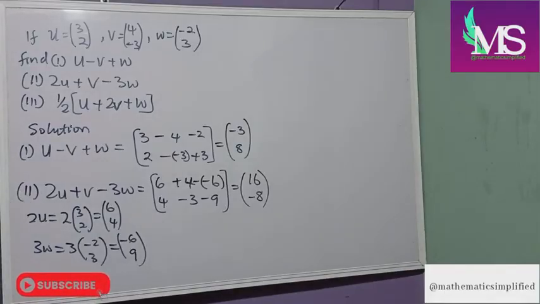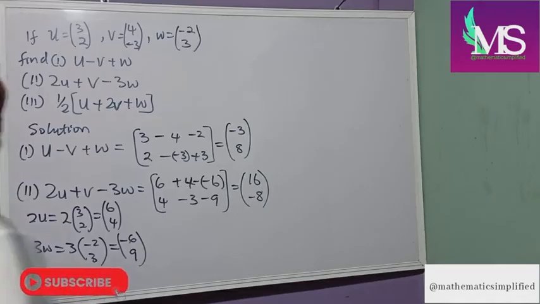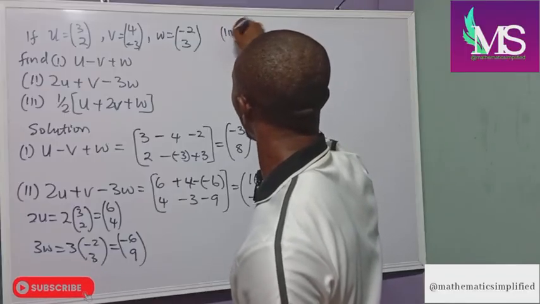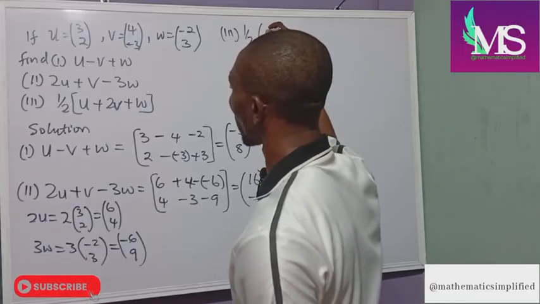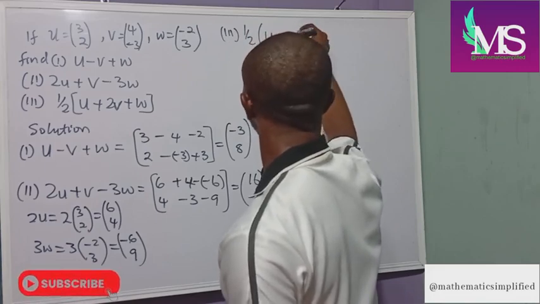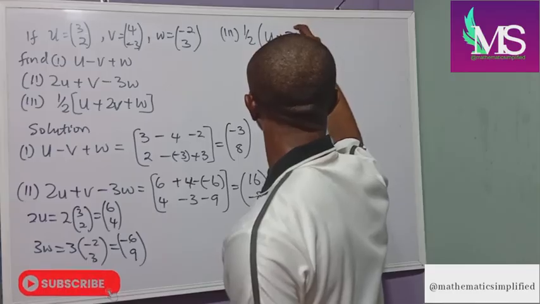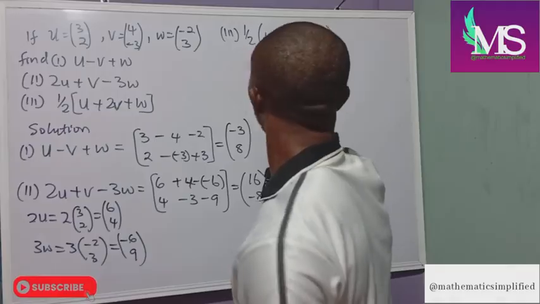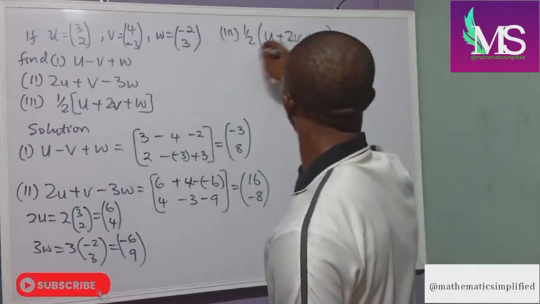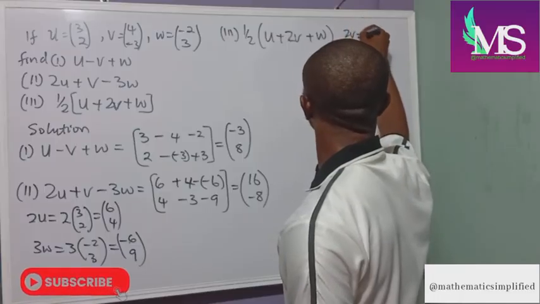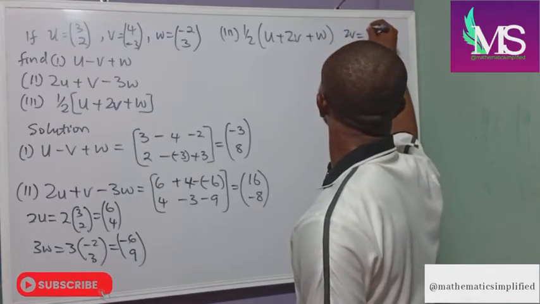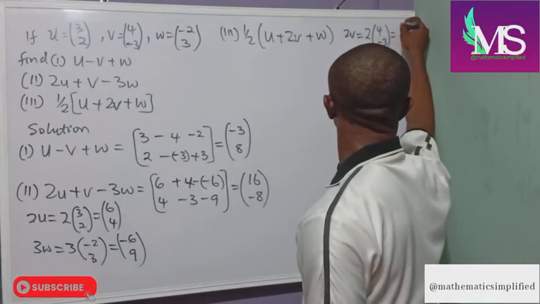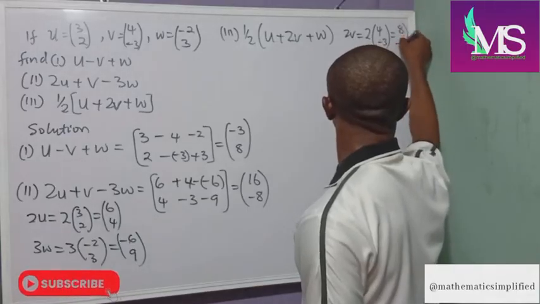Now, for our third part, we have it as half bracket u plus 2v plus w. Now, our 2v equals 2 times (4, -3), which will give us (8, -6).